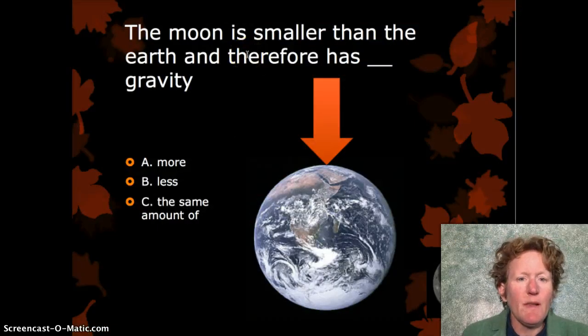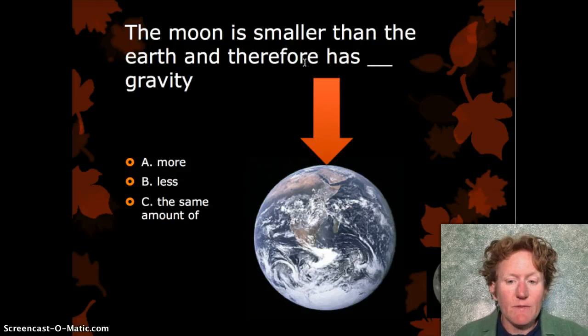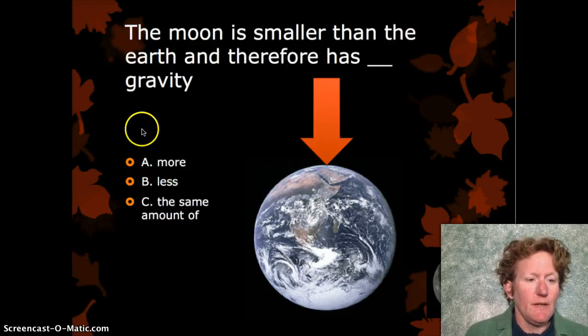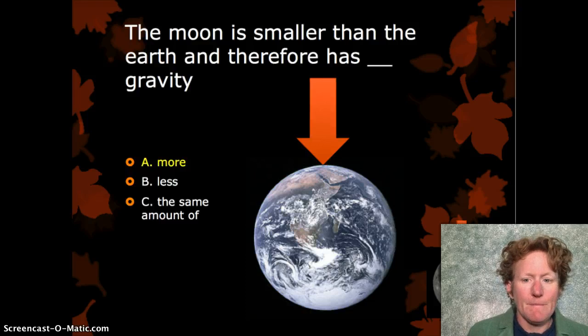The moon is smaller than the Earth and therefore, if you have less weight on the moon, the moon must have less gravity. It has less mass, less gravity. You can see the vectors here. This one's a lot shorter.